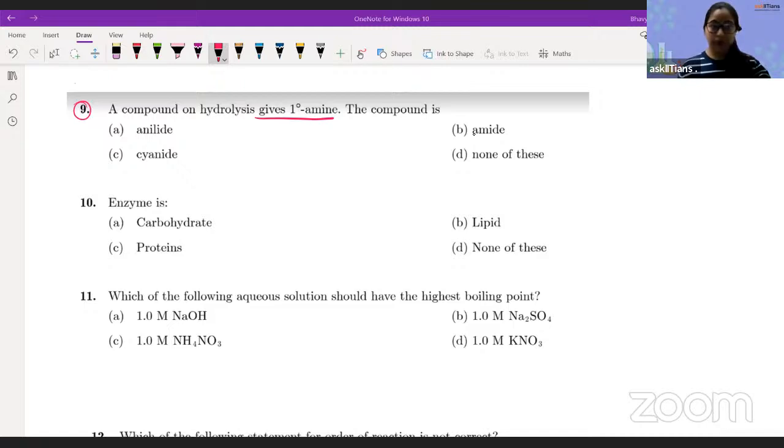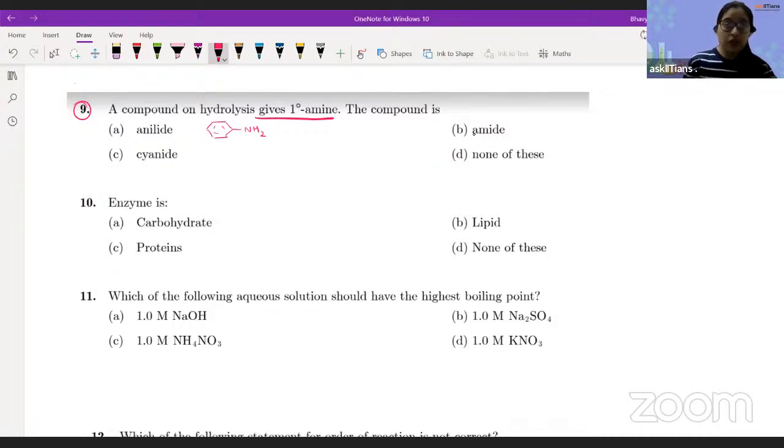Now, if I talk about the anilide group, right? So, for example, this is aniline.